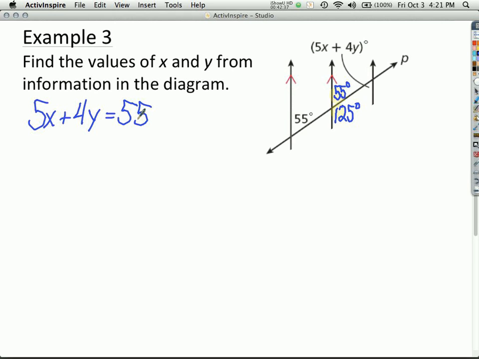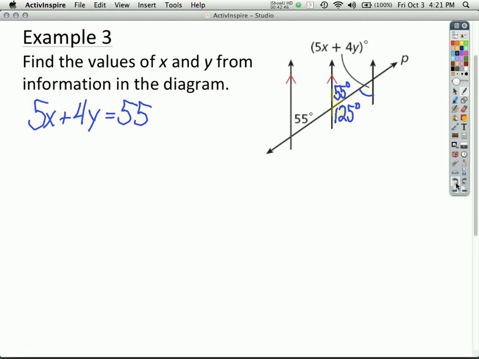Beautifully done, Kamoy. These two angles are alternate interior. They are congruent to each other, so you can set up an equation. But as I already indicated, we can't solve that because we have an x and a y. We could isolate a variable, but we still wouldn't be able to solve it.